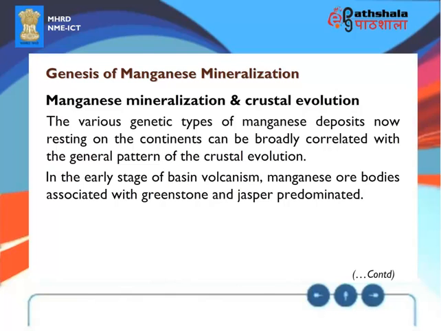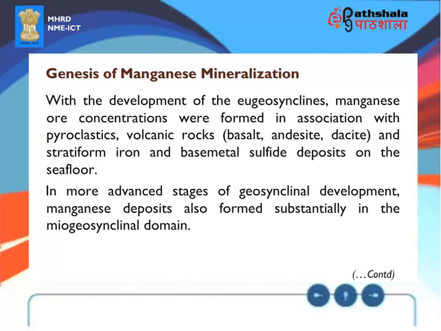Manganese mineralization and crustal evolution. The various genetic types of manganese deposits now resting on the continents can be broadly correlated with the general pattern of the crustal evolution. In the early stage of basin volcanism, manganese ore bodies associated with greenstone and jasper predominated. With the development of the eugeosynclines, manganese ore concentrations were formed in association with pyroclastics, volcanic rocks, basalt, andesite, dacite, and stratiform iron and base metal sulfide deposits on the seafloor.